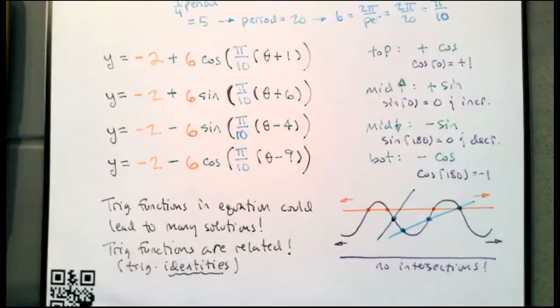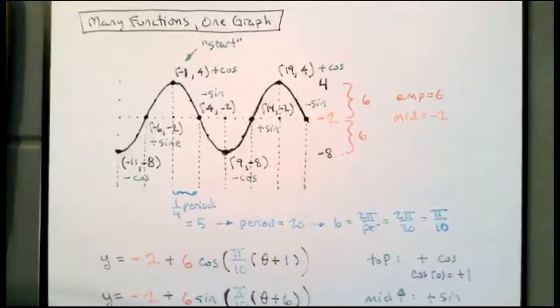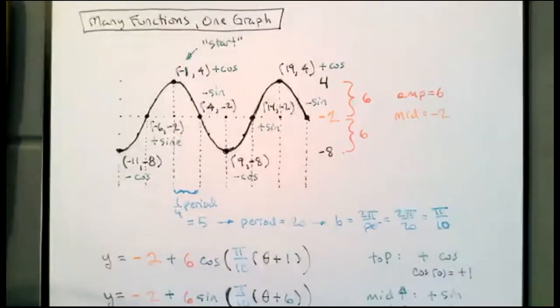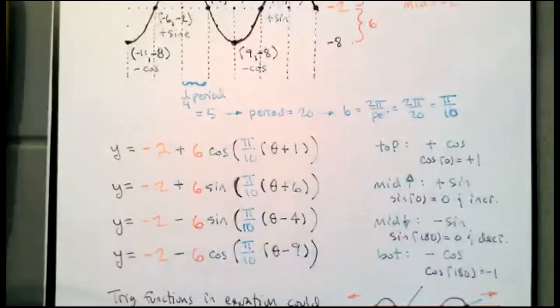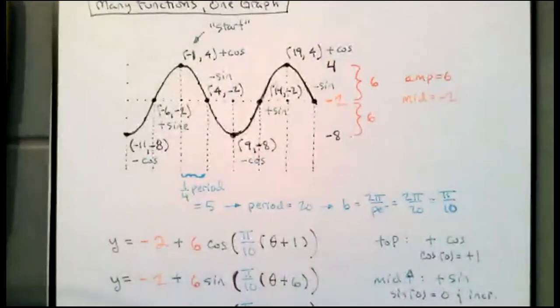All right, that's the game today. I wanted you to see how to come up with your own sinusoidal function, and then how to write many equations that represent that graph that you just produced. You want to make sure that all your points are the right distance apart.